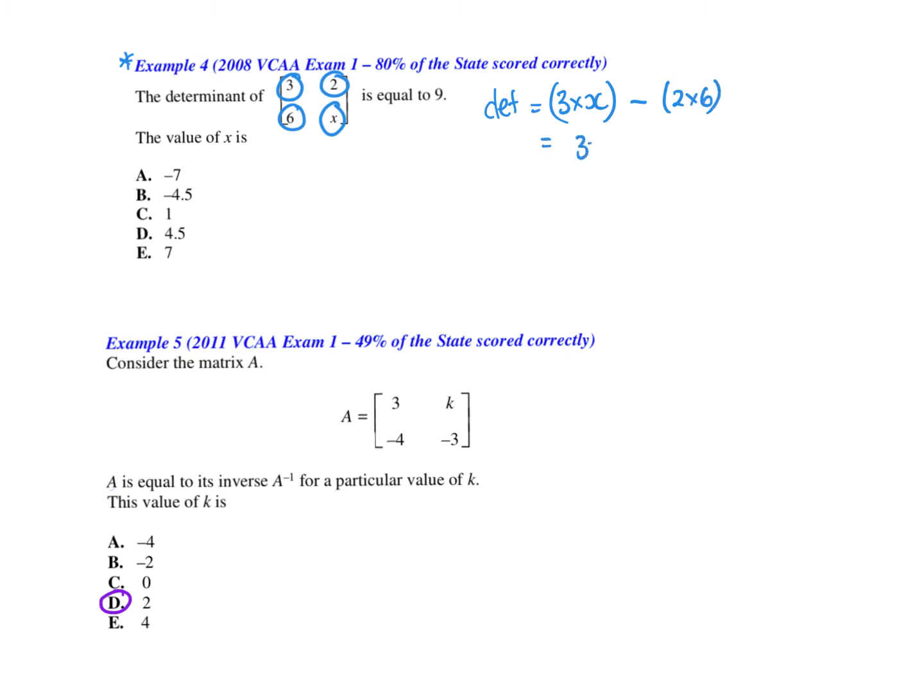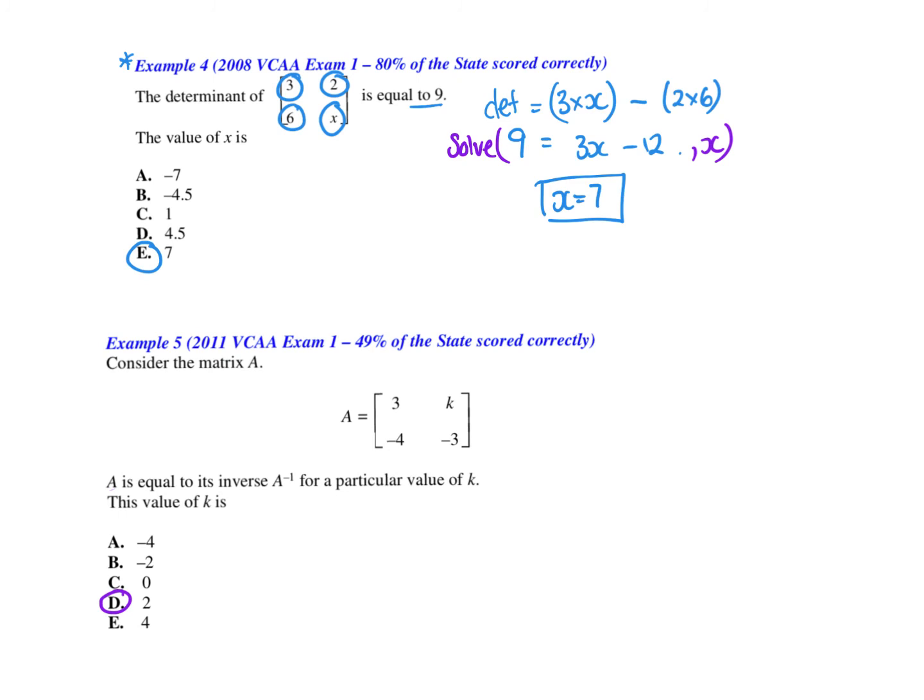So we'd get 3x minus 12. Now they've said that's equal to 9, so I can say 9 equals that. If you're not very good at your equations, you can always use your solve function on your calculator. Otherwise you can solve this equation and it'll end up being x equals 7. Okay, so there's that answer.